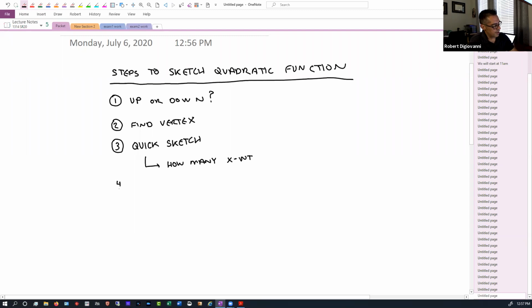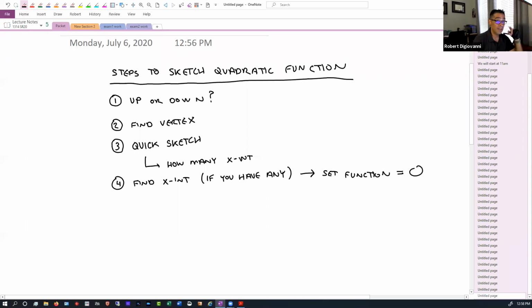Step 4 is going to be to find the X-intercepts, if you have any. And the way you find X-intercepts is you set the function equal to 0.